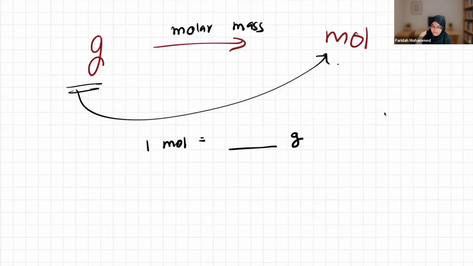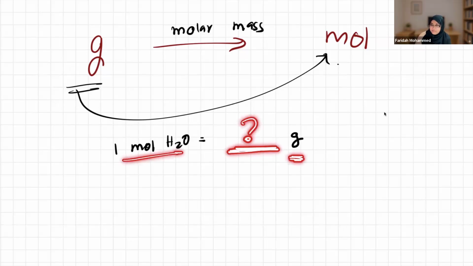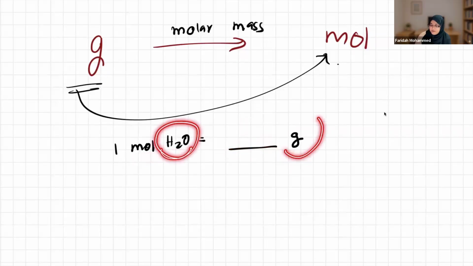So if I say 1 mole of water, how many grams does it have? Anyone? Craig? I believe around 16. 16 is for oxygen. Oh, yeah. It will have the same amount as the molar mass, which is around 18 gram.